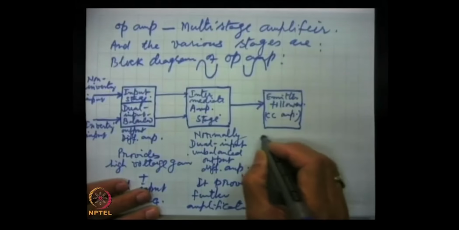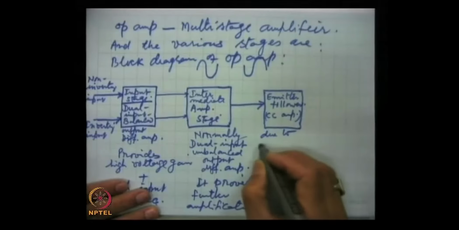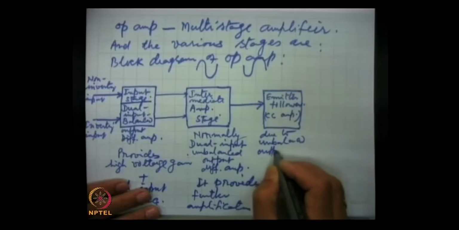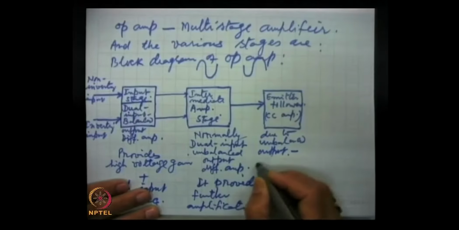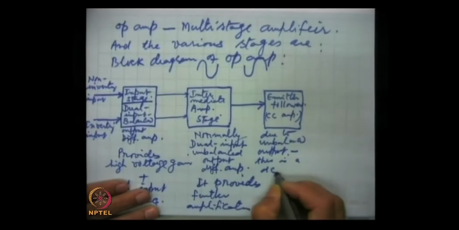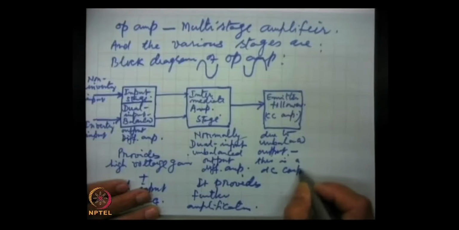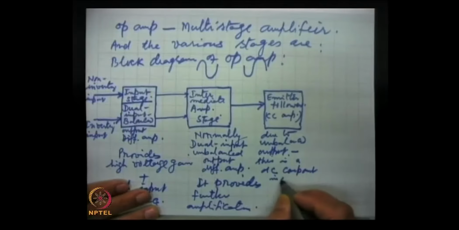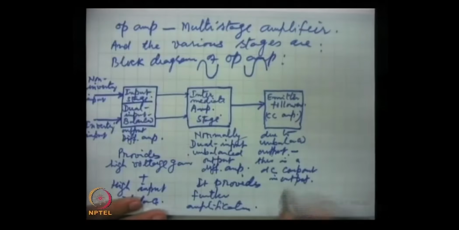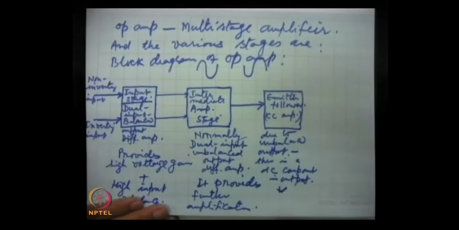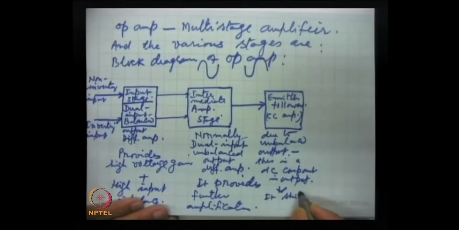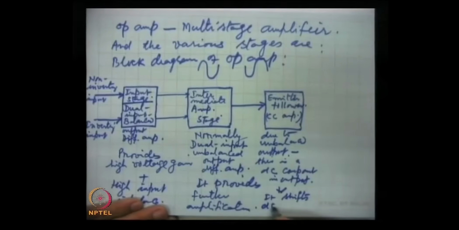First I write: due to unbalanced output, there is a DC component in the output. So, it shifts the DC level.